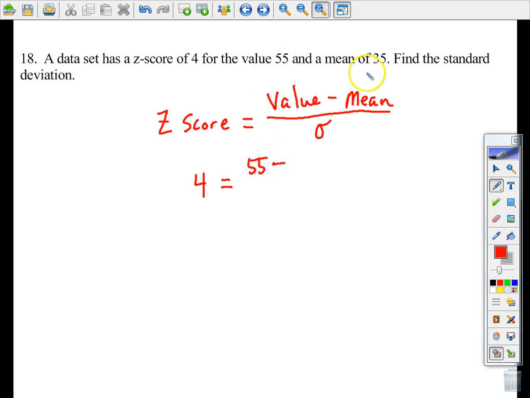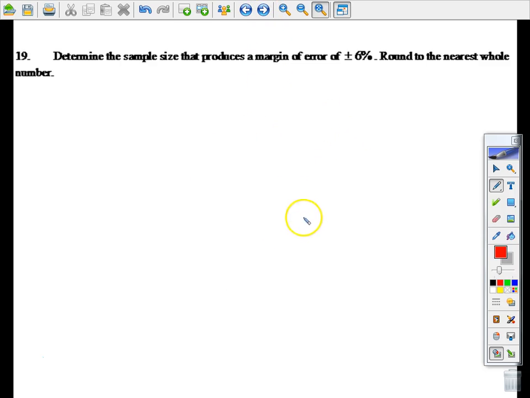The mean is 35. What we're asked to find is standard deviation. So we're going to solve for this standard deviation, so you can think of multiplying by it on both sides. Dividing by 4 gives us a standard deviation of 5. So that would be my final answer for number 18. Just make sure you know what the z-score formula is.